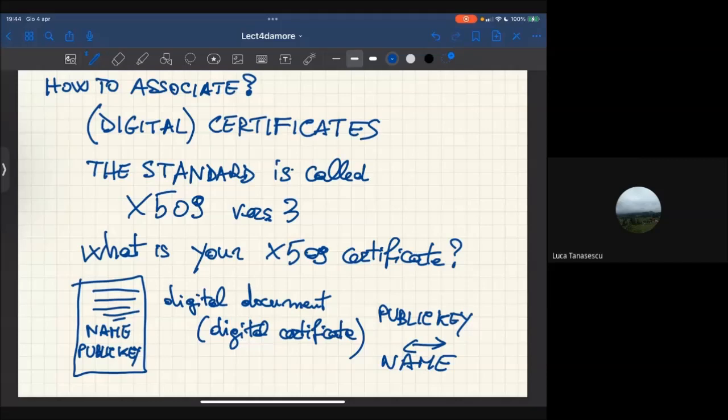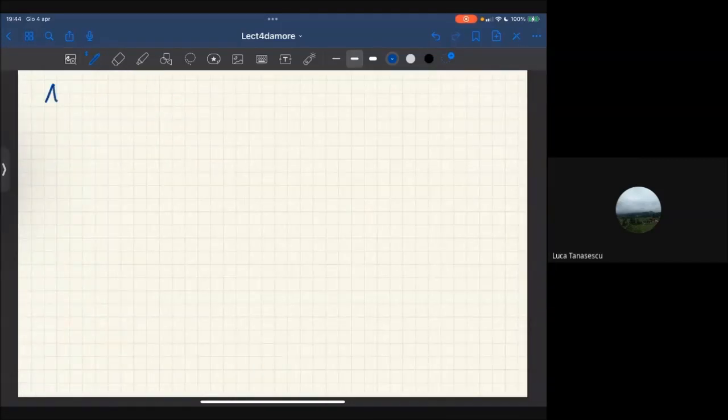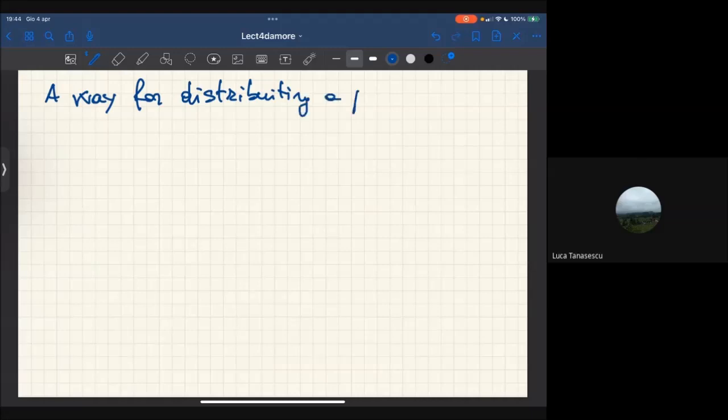Okay? So a way for distributing a public key is giving a certificate.